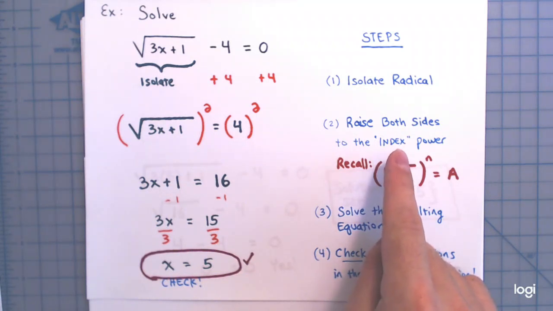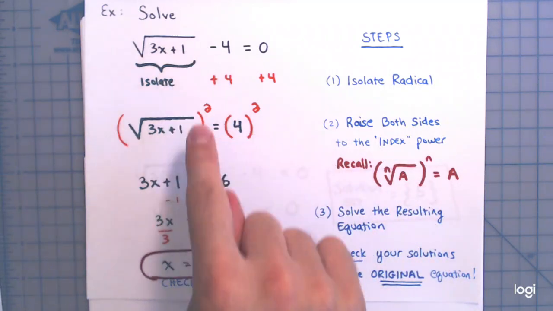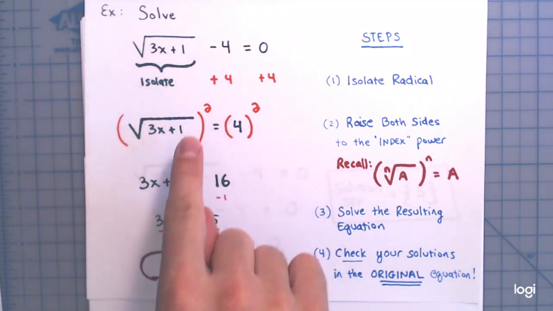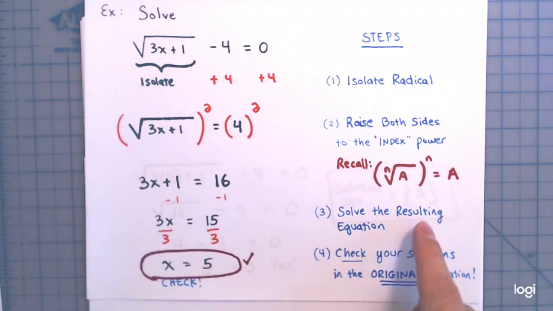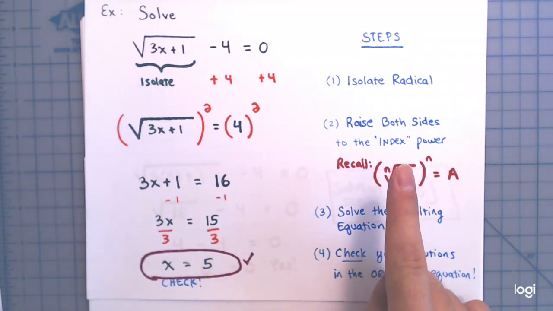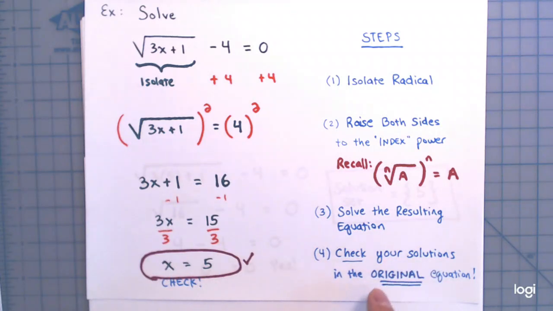When you raise both sides to a power, the domain of the expressions in the equation may change, like it did in here. The domain of this expression is totally different than the domain of this expression. And then solve the resulting equation. Of course, because of step 2, you must check your solutions back in the original equation, as you might come across some of those extraneous solutions. So please be careful and be diligent about checking your work.